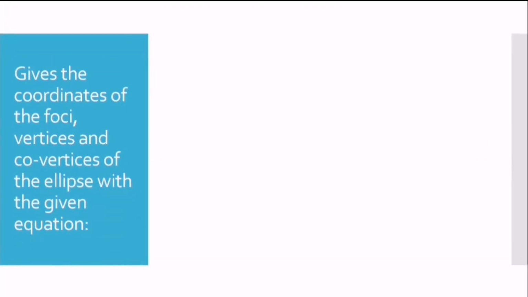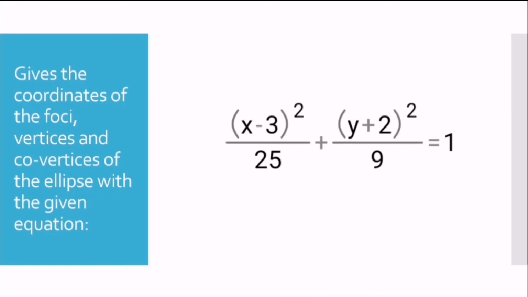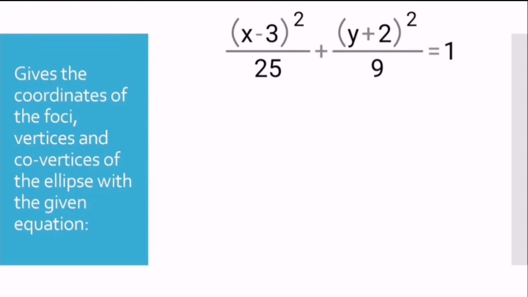Let's proceed to the next item. Give the coordinates of the foci, vertices, and co-vertices of the ellipse with the given equation x minus 3 squared over 25 plus y plus 2 squared over 9 equals 1. So, ang ating h and k or ang ating center ay 3, negative 2.